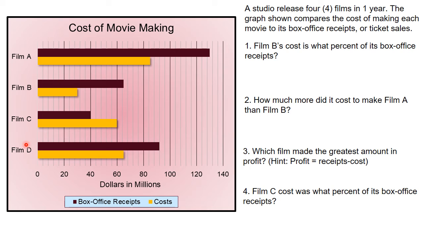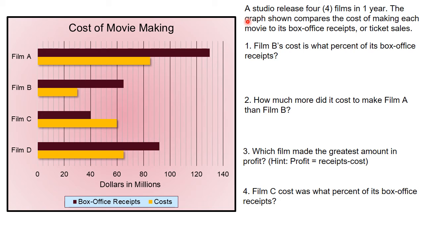We have films A, B, C, D, and the scale is by 20s. So this is 20, 40, 60, but it says here this is dollars in millions. So this is $20 million, $40 million, and $60 million.